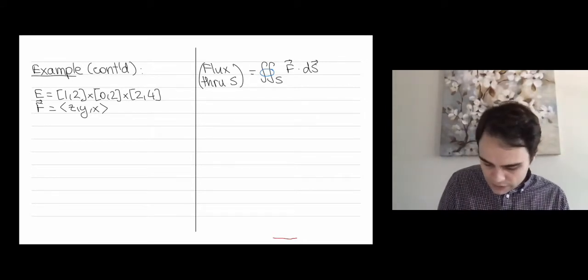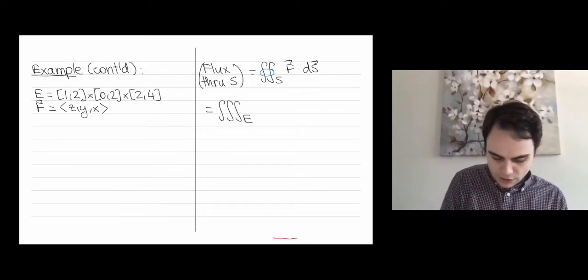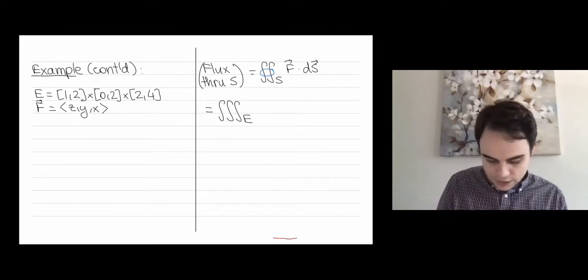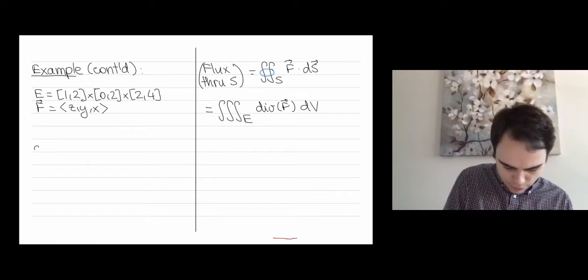So the flux through all 6 sides is the triple integral over the region inside, that's the whole box, of the divergence of F. I can write it down: div F dV. So on this side, let's compute the divergence.